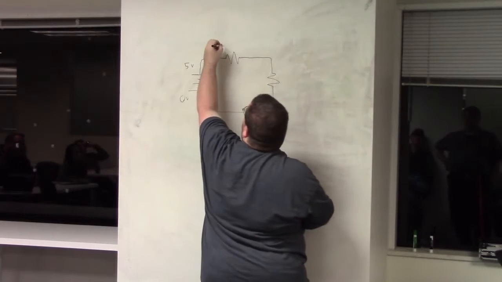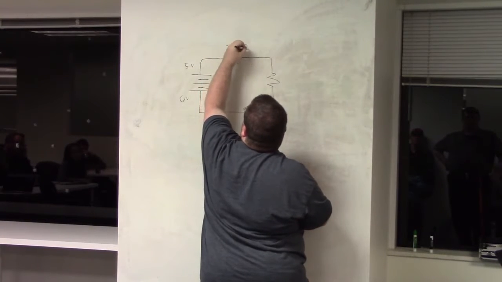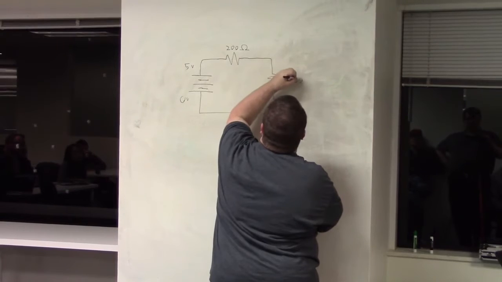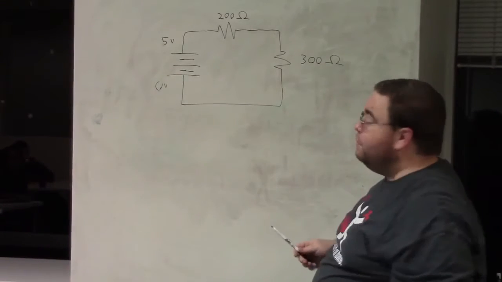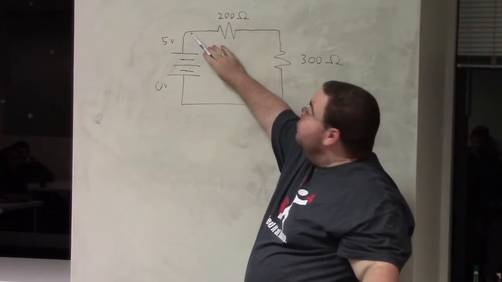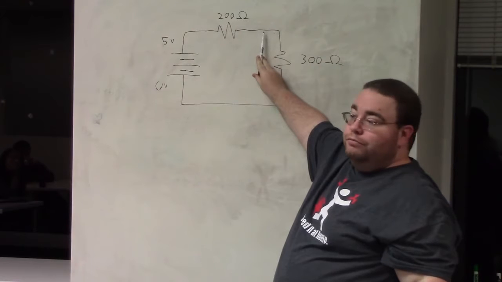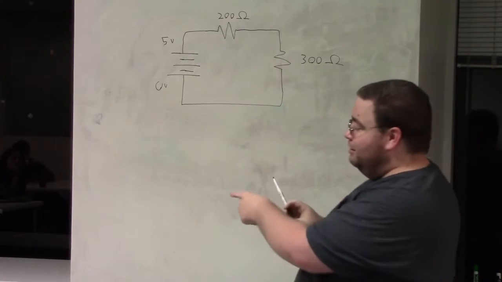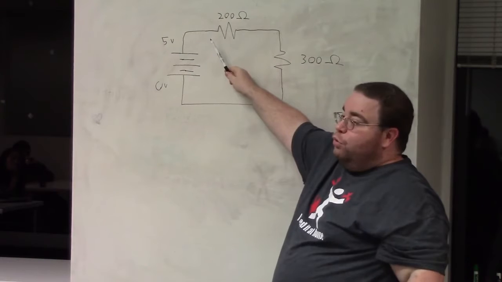So this is 200 ohms and 300 ohms. So voltage right here, 5. What is it right here? Because now these two things aren't the same anymore. It turns out that it's going to drop proportionally.